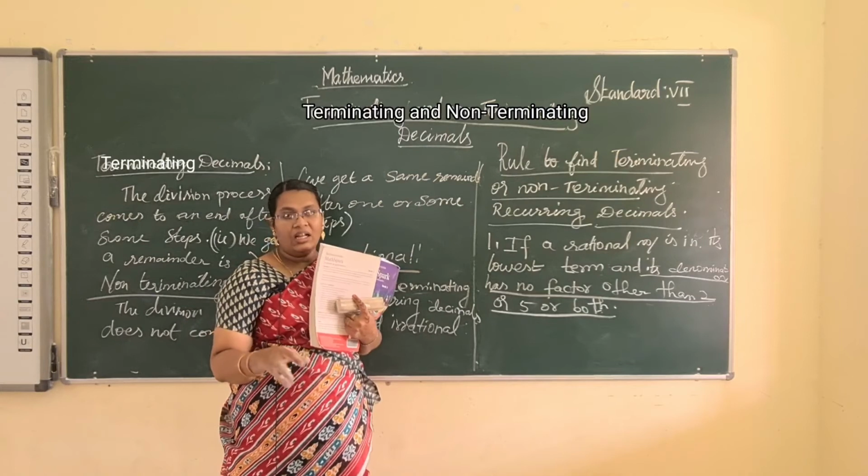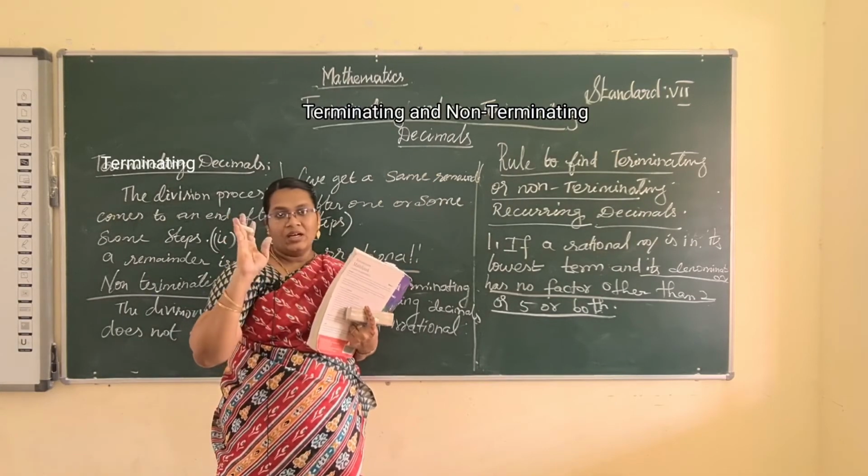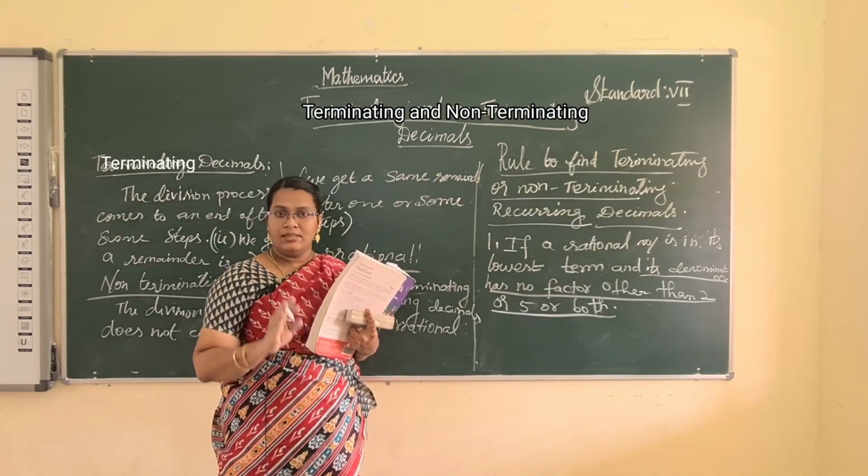If the denominator has only these, it is called terminating decimals.